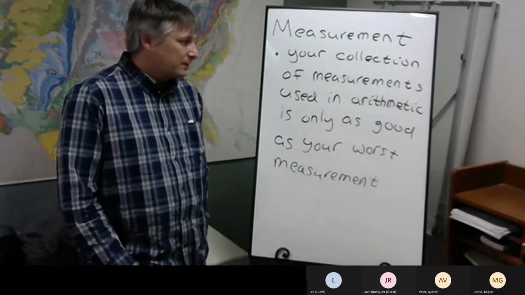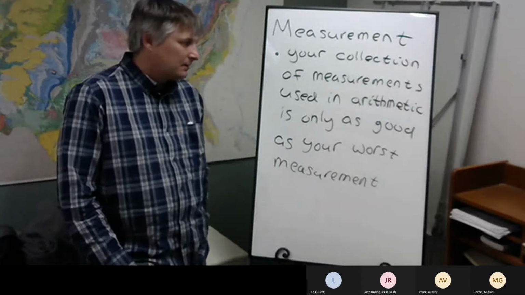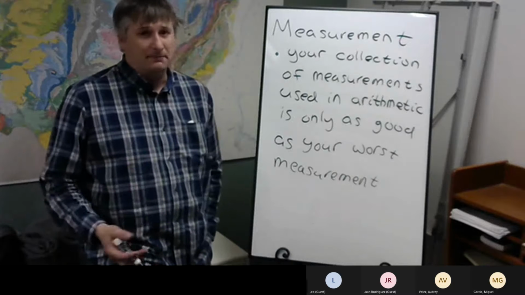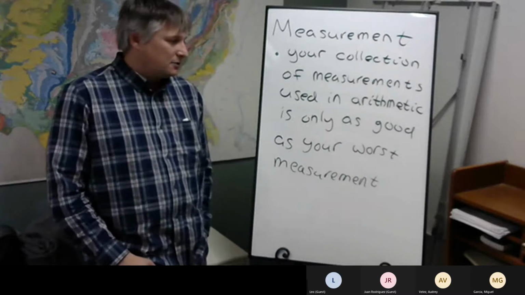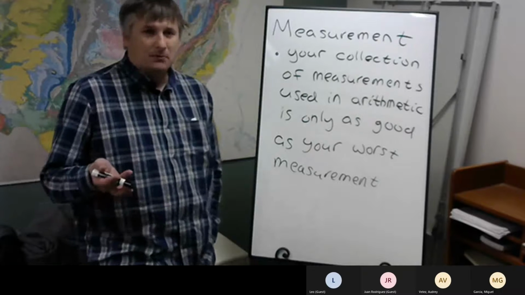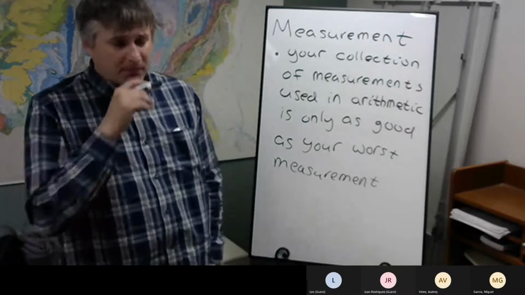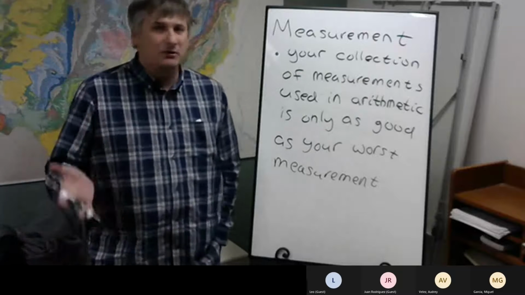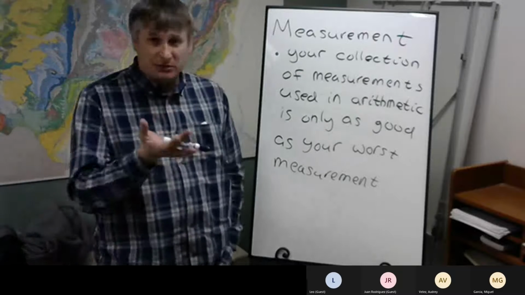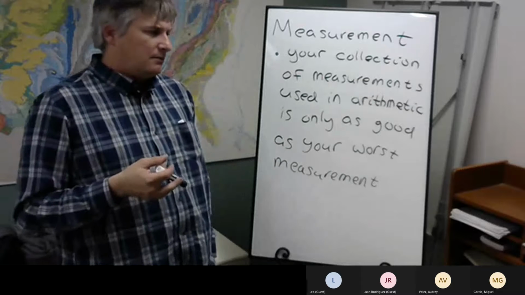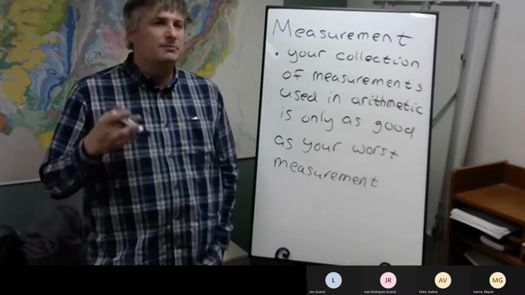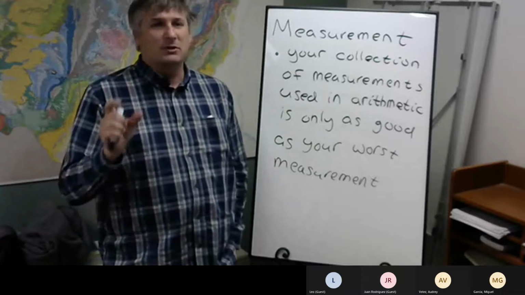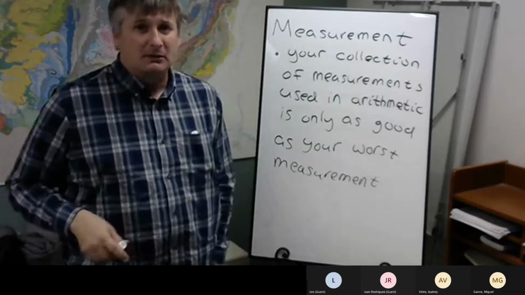So this is one of these incentives for whatever you're doing with measurements. You want to do the best you can. And if you're getting some measurements that you're going to use in a formula, say some formula that's going to tell you about volume, or something that's going to tell you about pressure, the result will only be as good as the worst measurement you have in that formula.